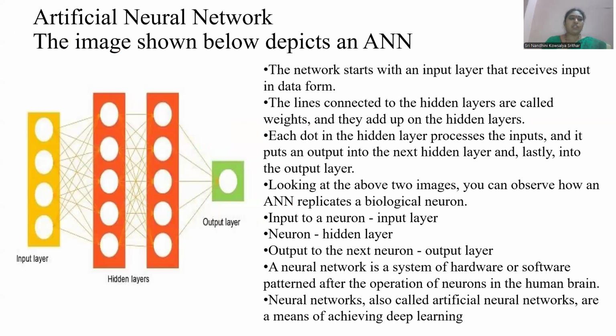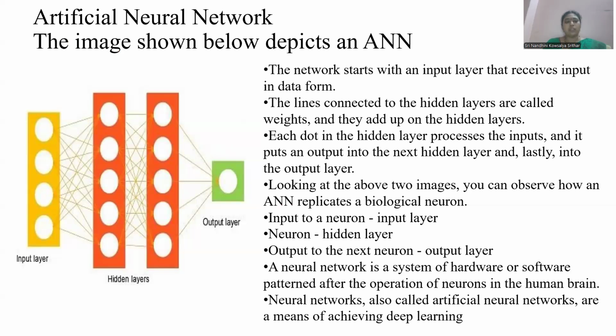Then artificial neural networks. Here we are going to represent the artificial neural network, which replicates the structure of a human brain cell, that is the neuron. So here also we have the input layer as dendrites, the hidden layer as the cell body, and the output layer as the axon.